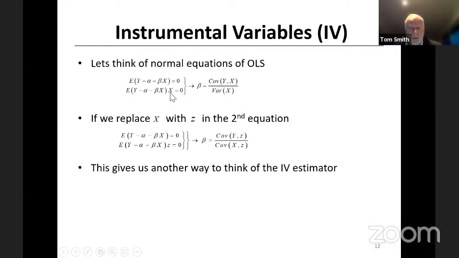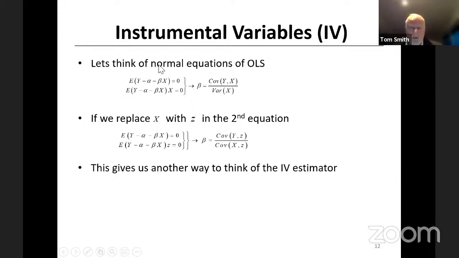So in this system of equations, we're going to replace the x with z, the instrument. And now, if we solve these two equations simultaneously, we get that the beta equals the instrumental variable estimate, covariance y with z over covariance x with z. So it gives you another way to think of the instrumental variable estimator, and a better way. You don't have to do a two-step procedure.